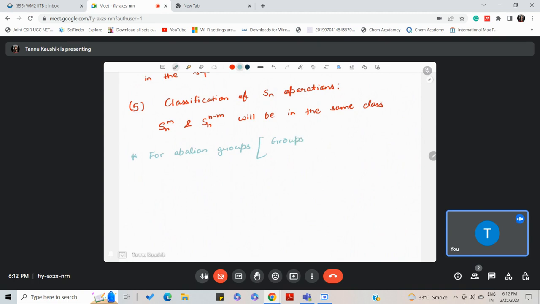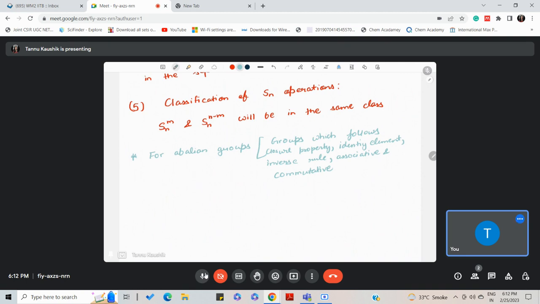Which follow five properties, five rules, that is closure property, identity element rule, inverse rule, associative law, and commutative law also.